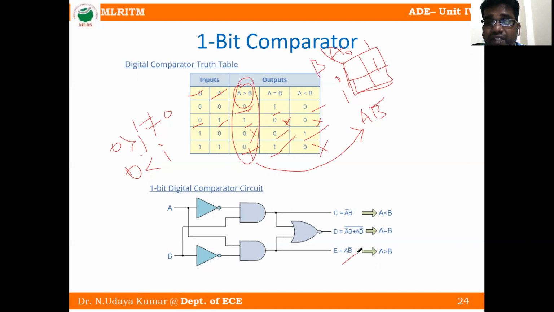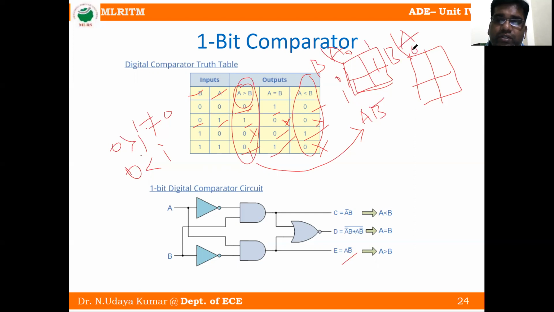Similarly, how will we get A less than B? A less than B means, so this is a square box. This one is B, this one is A, 0, 1, 0, 1. Then the min terms M0, M1, M2, this term is 1.